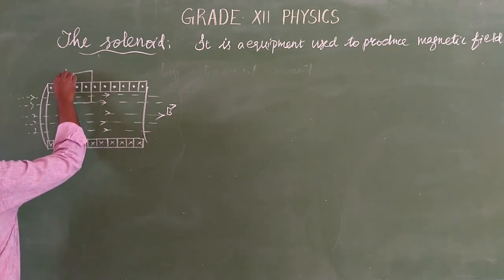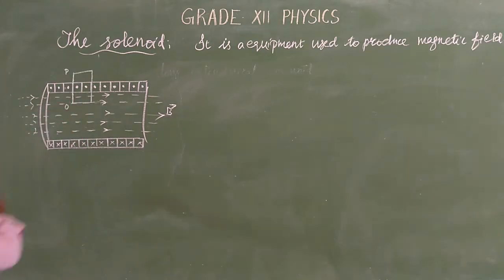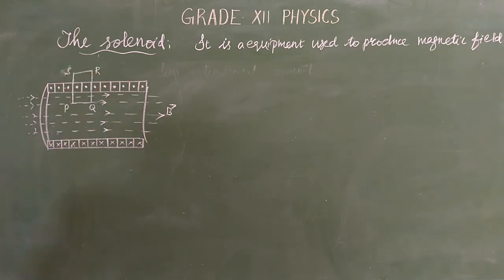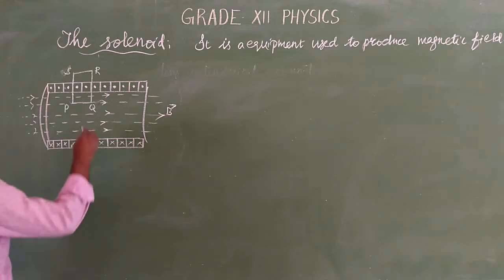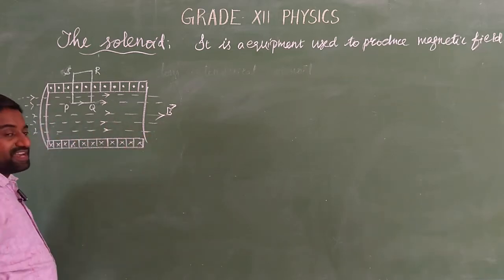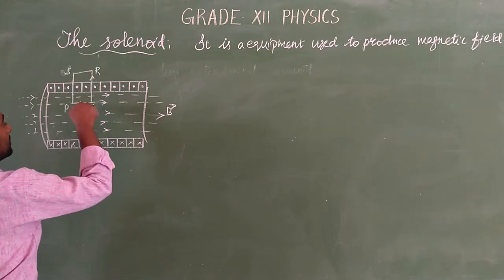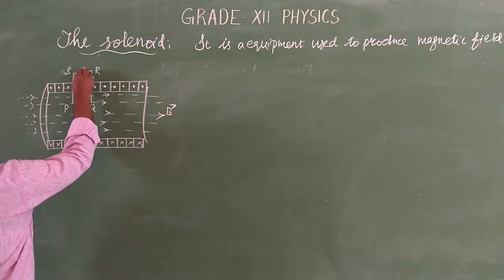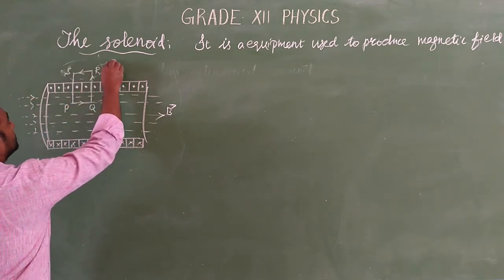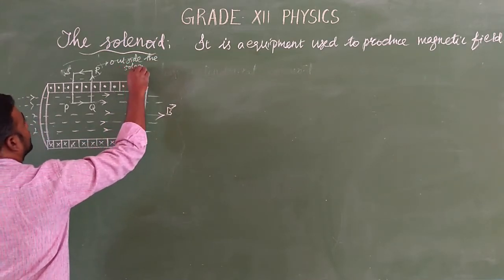So PQRS is an imaginary Amperian loop. Here the arm PQ is along the direction of the magnetic field, but the arm QR is perpendicular to the direction of the magnetic field, and RS is opposite to the direction of the magnetic field, which is outside the solenoid.